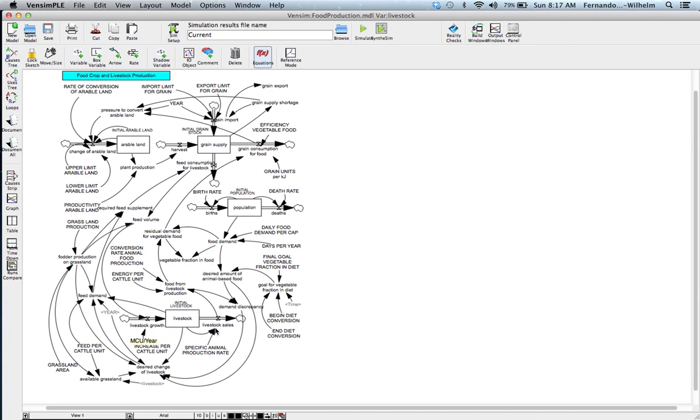So livestock grows and gets produced for sale, essentially, as food, and in growing this livestock, you will see that there's a demand. This creates a residual demand for vegetable food, because, and we'll go to the grain supply in a second, essentially cattle are fed by a combination of grains and grass.